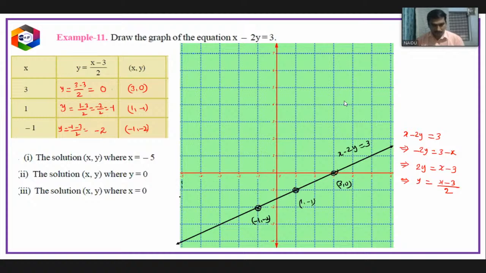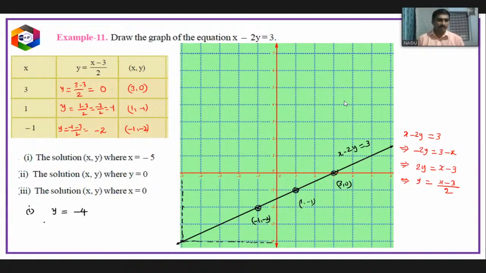If x equals minus 5, the corresponding y value, if we observe, is minus 4. So when x equals minus 5, the answer is y equals minus 4.